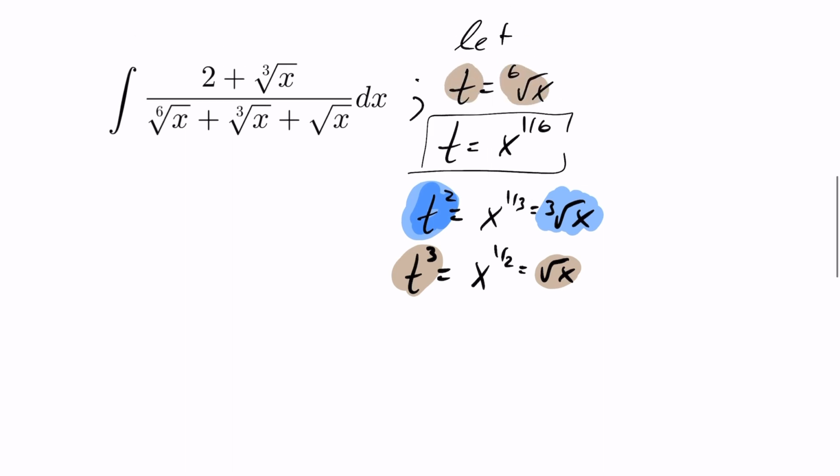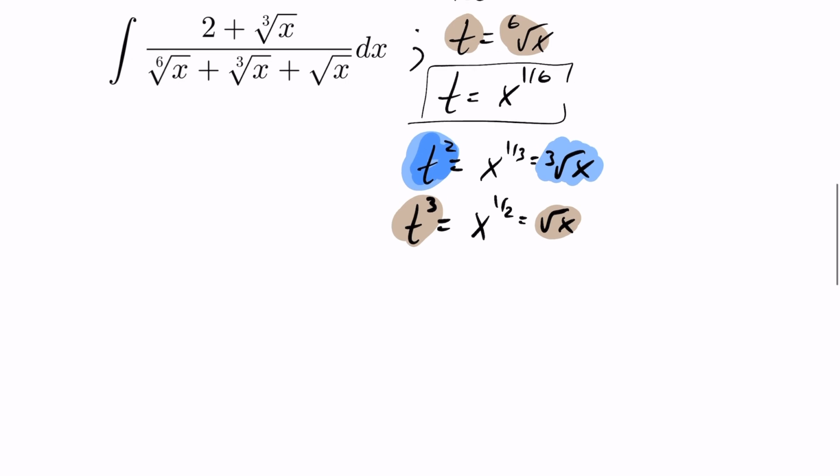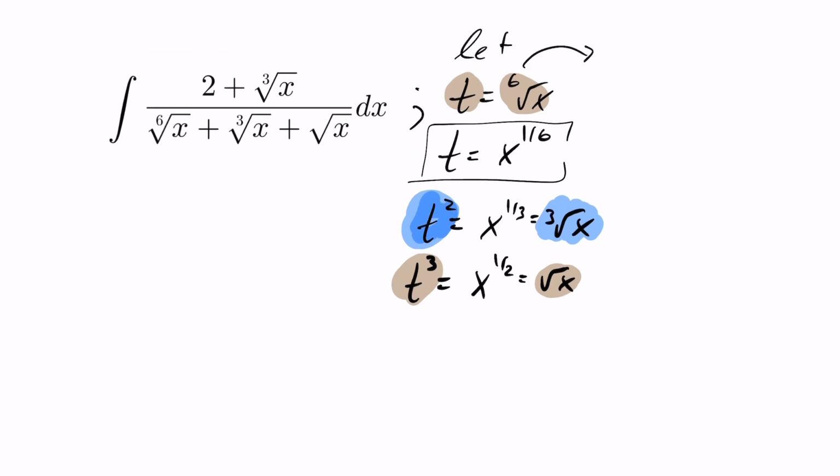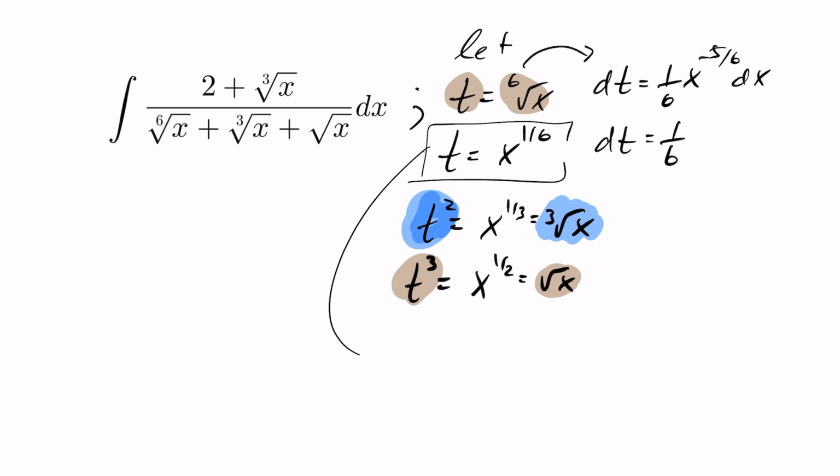I also have to change my with respect to, put that with respect to t now. So if t equals the sixth root of x, therefore dt is going to be 1/6 x to the negative 5/6 dx. I want to get rid of x here, so t to the power of 6 is going to be equal to x.